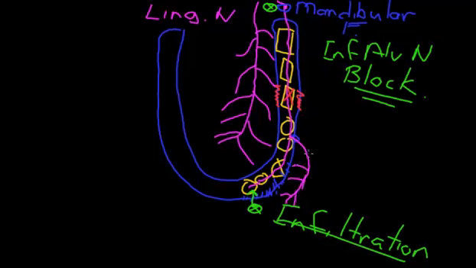All of this area in here, and it supplies the gingiva and periodontal ligament around the buccal and labial surfaces of the 1, 2, 3, 4, not often the 5. It's a bit variable in where the foramen comes out. And this is called the mental nerve.